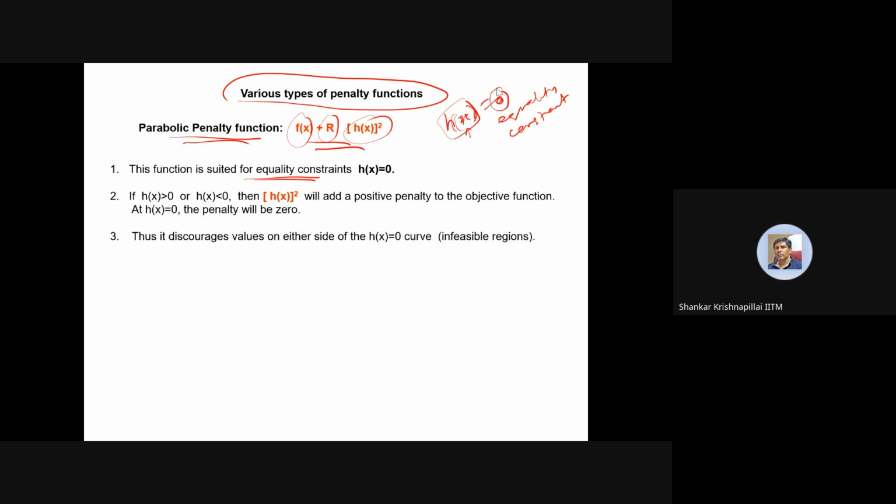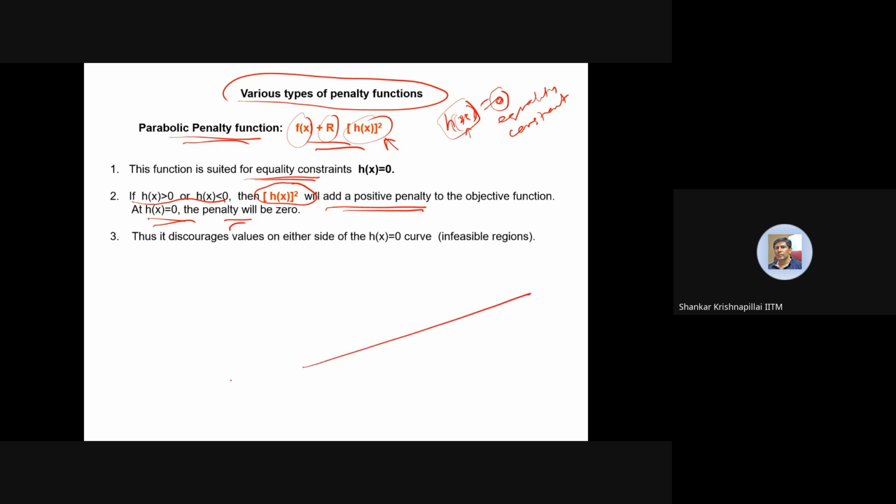So the penalty is h of x, the whole square. If h of x is greater than 0 or less than 0, then h of x the whole square will be added as a positive penalty to the objective function. And when h of x is equal to 0, the penalty will be 0.